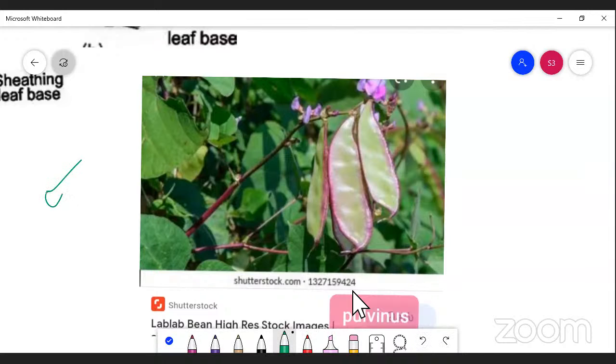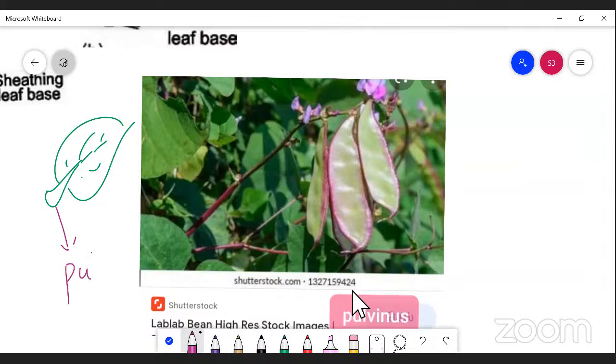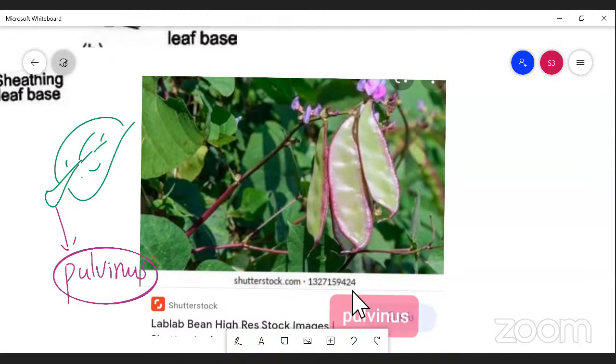The leaf base becomes swollen, right? So this is the region where you find the pulvinus. So this is the nature of leaf, right? And what are the general characteristics of leaf?